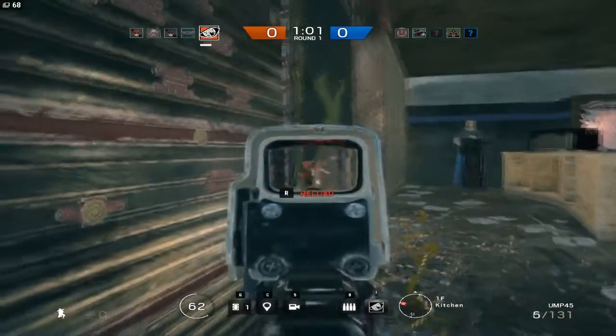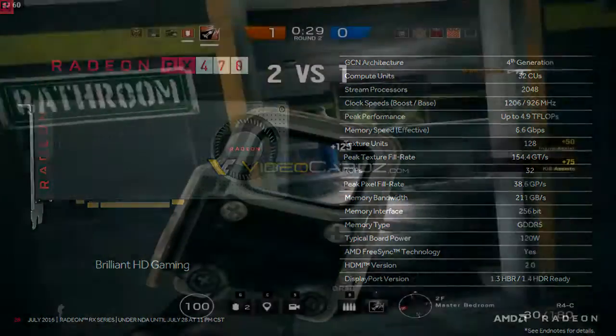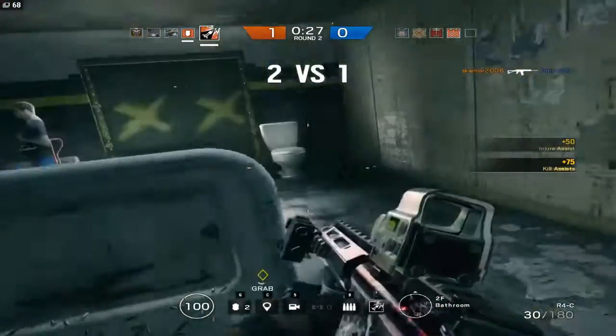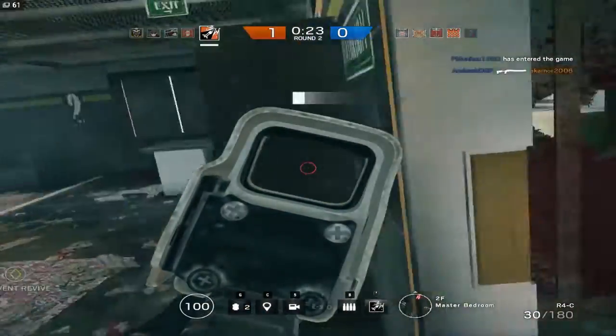The RX 470 has the same motherboard as the RX 480, but with 4 compute units less. The RX 480 launched with 36 compute units and it has been reduced to 32 compute units in the RX 470, thus reducing the number of effective stream processors from 2304 to 2048, as one compute unit has exactly 64 stream processors.